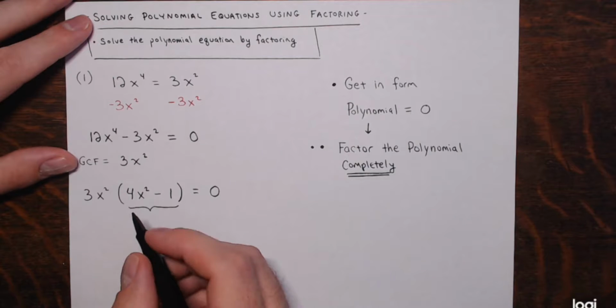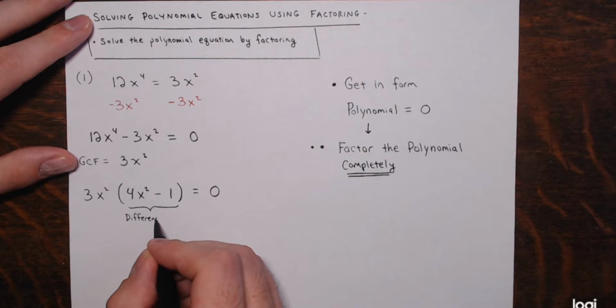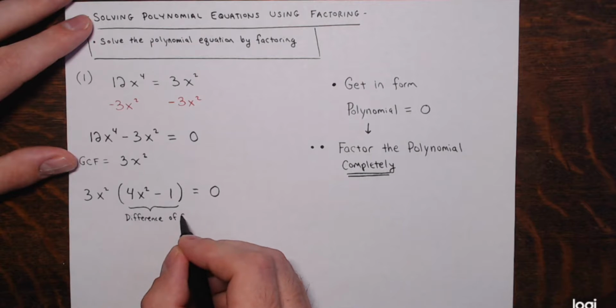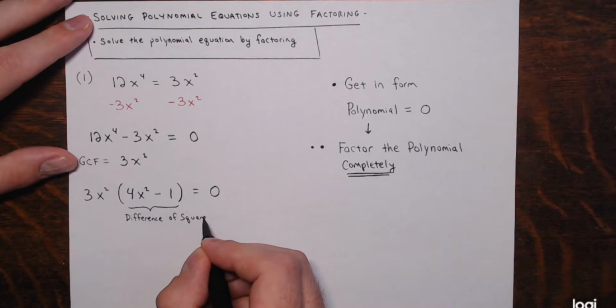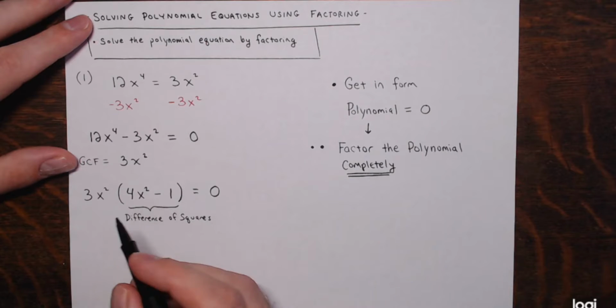This is actually a difference of squares, which again I'm assuming you know how to factor. Right? This is 2x to the second minus 1 to the second.